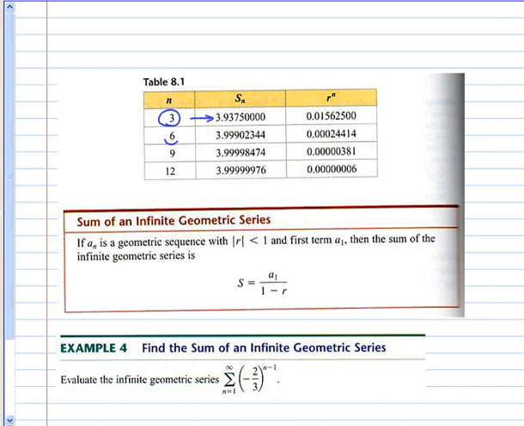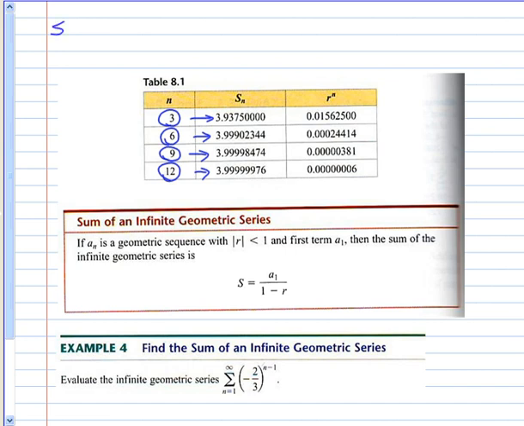If we took 6 terms, it becomes 3.999, etc. If we took 9 terms, 3.99998474. If we took 12 terms, 3.9999999. What are we getting closer and closer to, and what's happening to that common ratio?